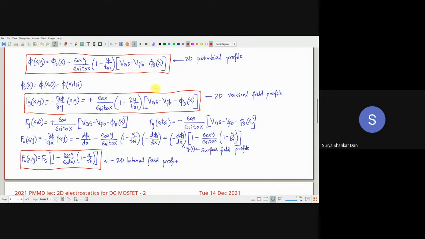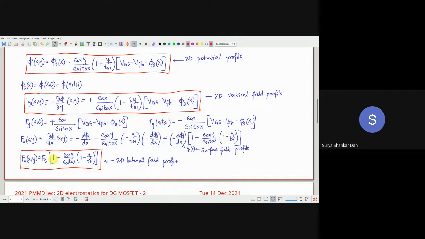The remaining part stays the same, epsilon ox, y, epsilon si, tsi, tox, and these are all x independent terms. In this third bracket, only φs is the x dependent term, so it becomes minus dφs/dx. So I will just take minus dφs/dx common. You will be left with 1 minus this term, and you are left with this.